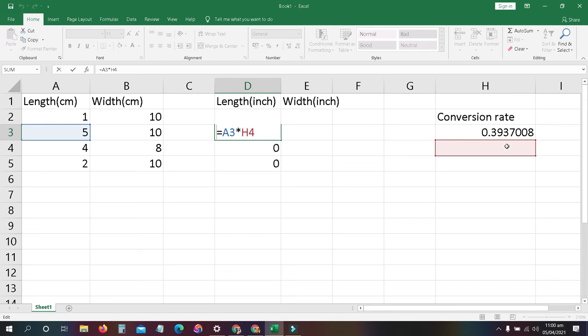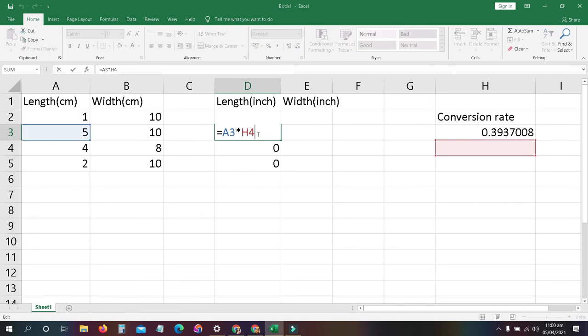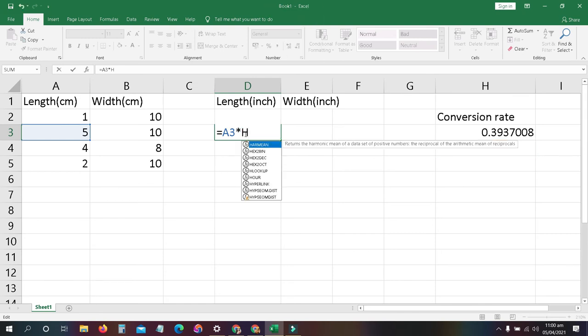So to make sure that the other cells only look at this one, you need to make that cell reference an absolute. I hope you understood, guys. Sorry for my Tagalog accent. So you need to change this so that it is H3. If you don't know the absolute reference, you would type H3 there.